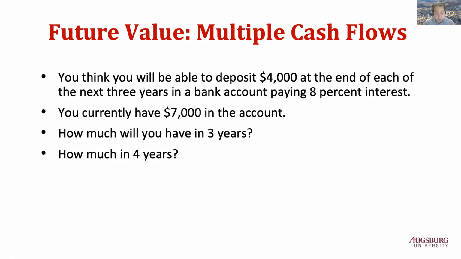So this question asks you the future value in year 3 with multiple cash flows. The first cash flow is the current cash flow you have, $7,000, and then $4,000 for the next 3 years.